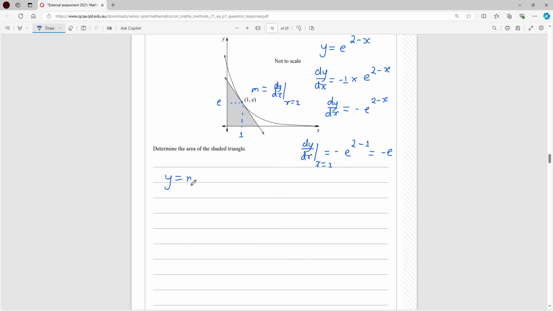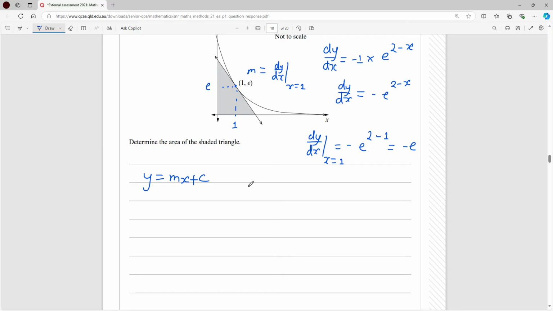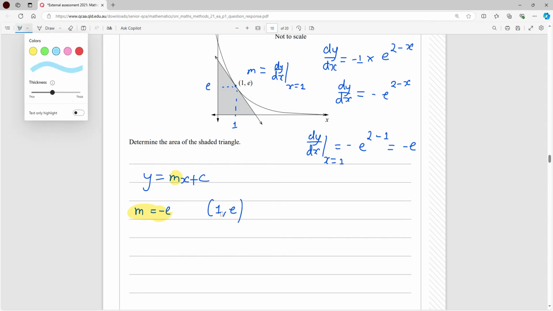y equals mx plus c is the general equation of a straight line. We know the gradient is negative e, and we know the point is (1, e). We have everything we need to work out this information because we can just substitute that in. You can substitute the x value in, and you can also substitute the corresponding y value at that point as well, so you can find your c.